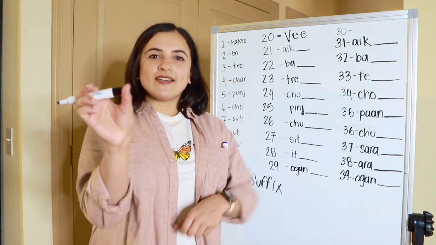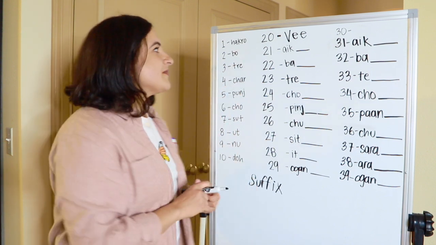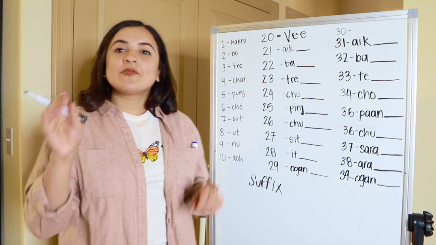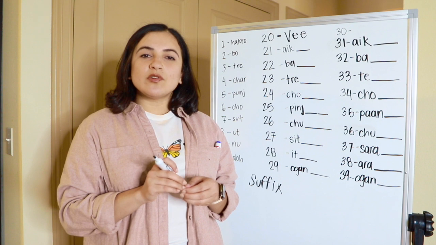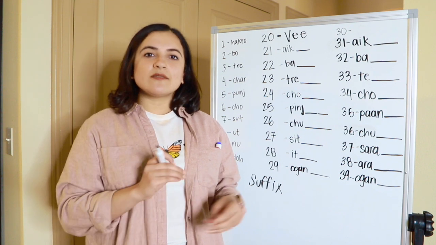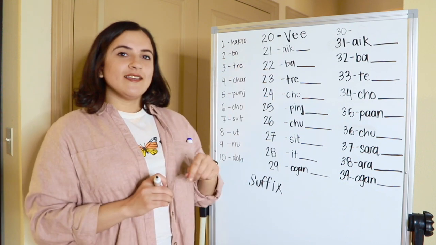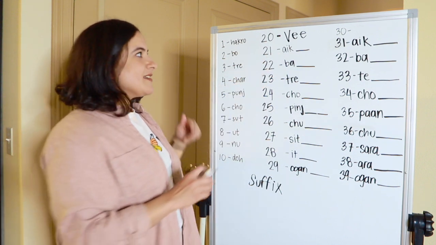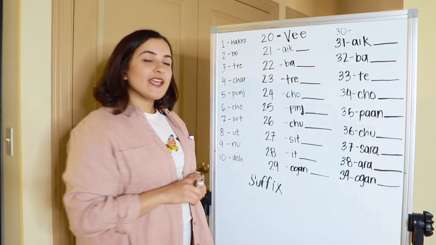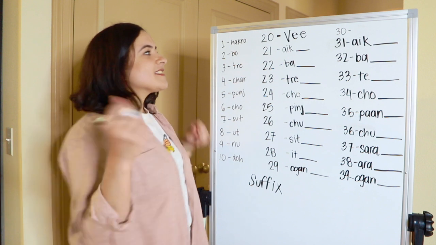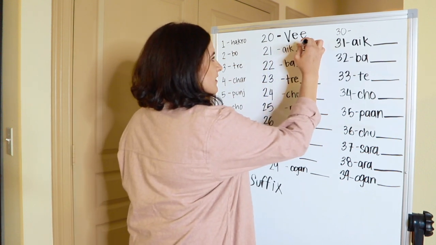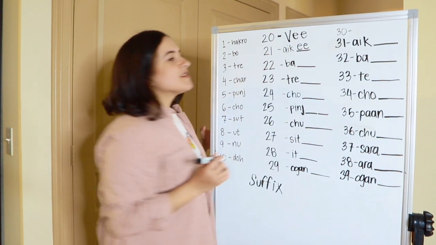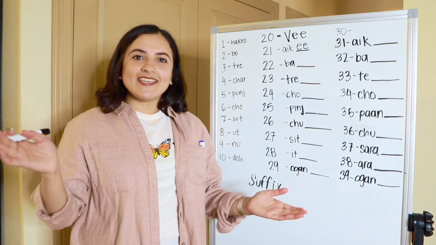So we will have ik and then V. But again, it's just the general rule that they will sound similar to V. 21 is different because we're not going to have ek V, it's just eki. So 21 in Memoni is eki.